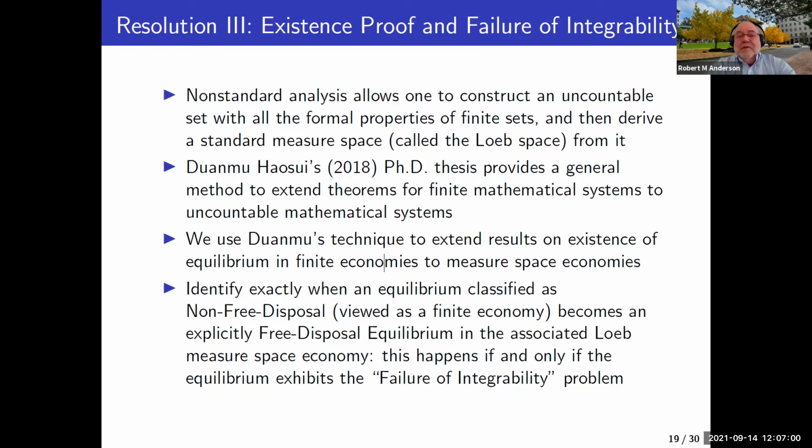So we use Kevin's technique to extend Makarov's result on existence of equilibrium in a finite economy to measure space economies. And that lets us bypass the methodological problems of trying to adapt Almond's methods to cases where monotonicity of preferences fails.